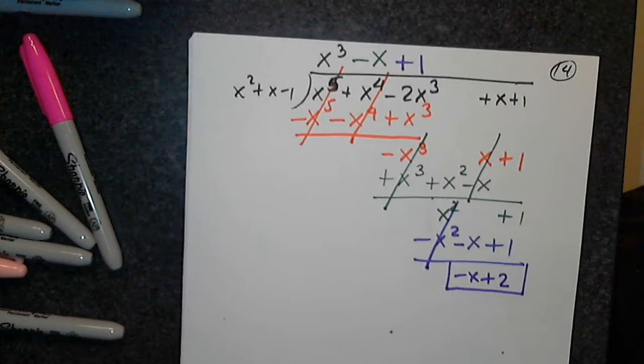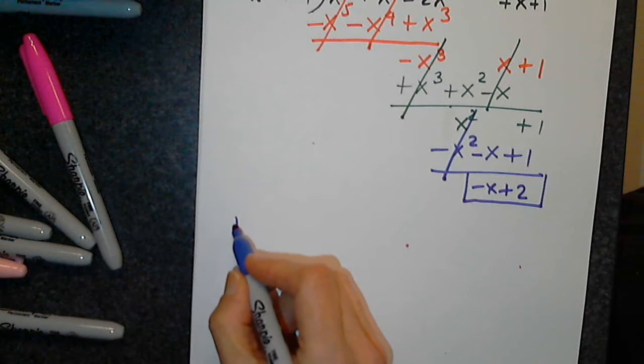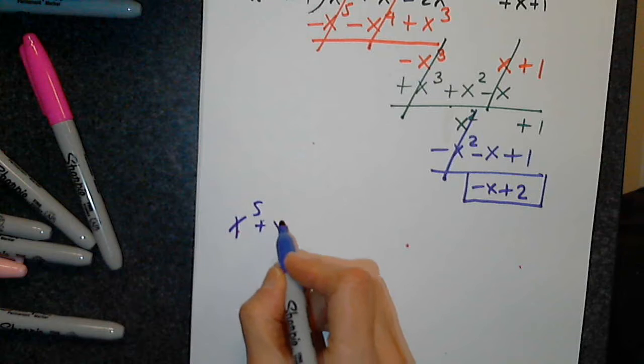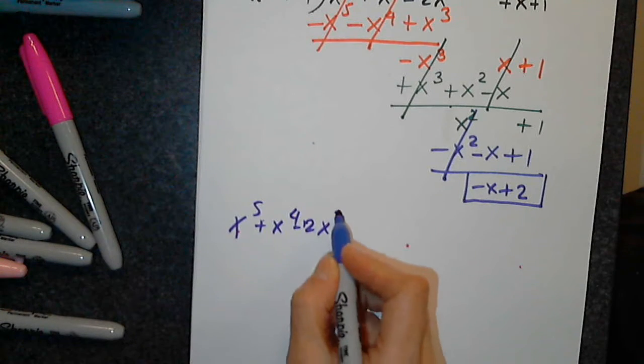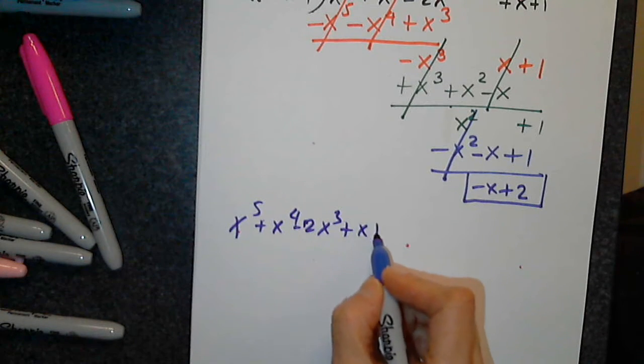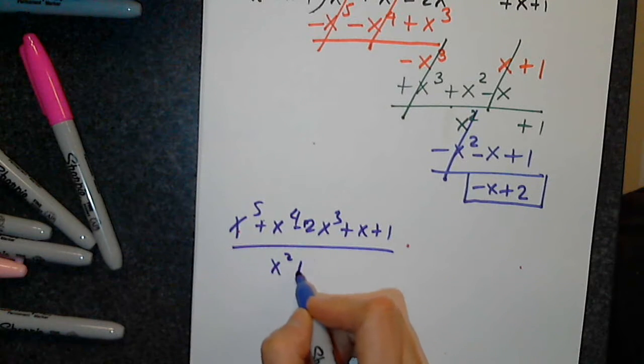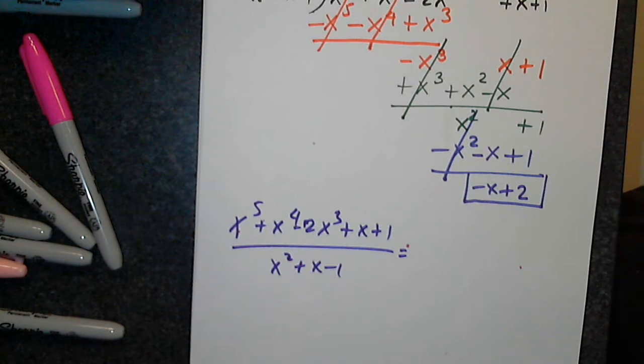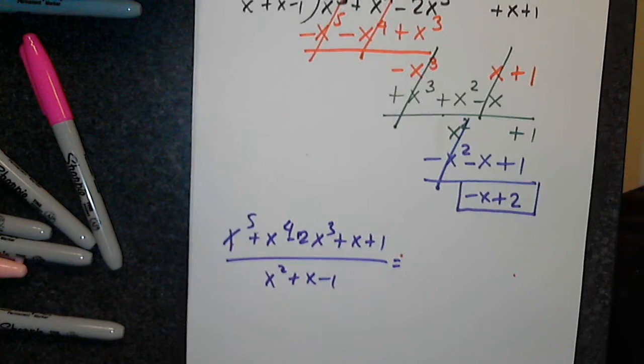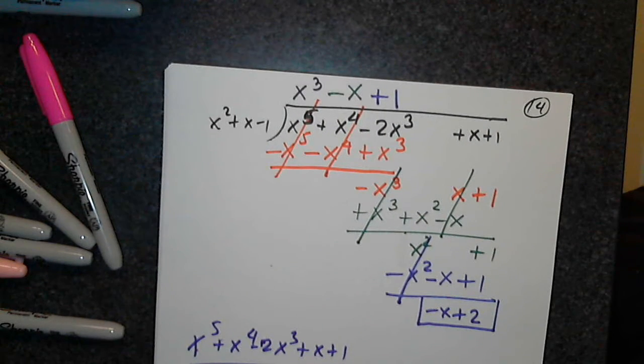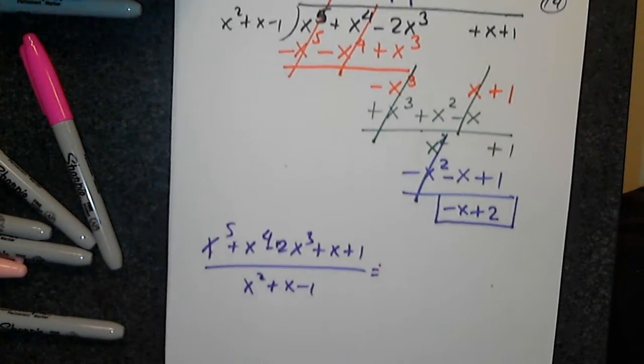So now, finally, here is my division. X to the 5th plus x to the 4th minus 2x cubed plus x plus 1 divided by x squared plus x minus 1. Please tell me what is the quotient. Perfect.